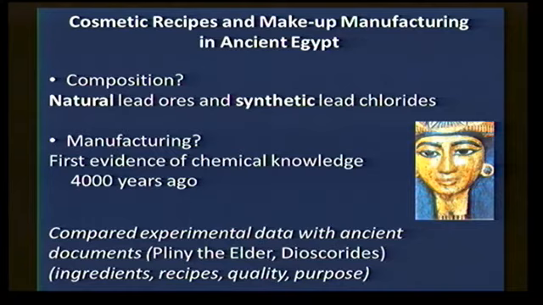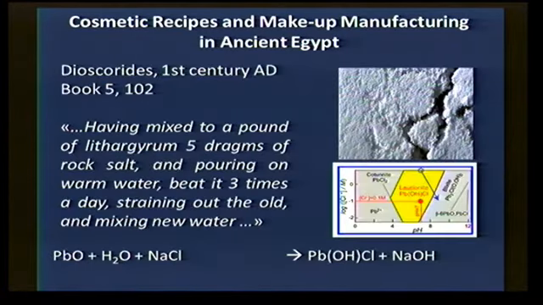And doing this sort of work, we were able to really show the chemistry which was used at that time, and the know-how, the expertise of the people preparing those makeups. So it was a very elaborate mixture of natural compounds and synthetic compounds.